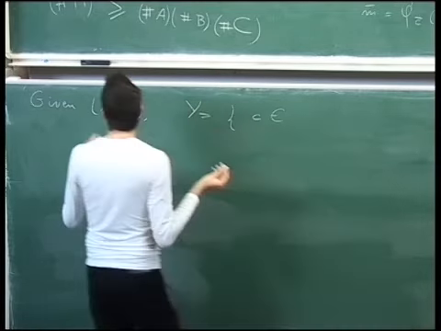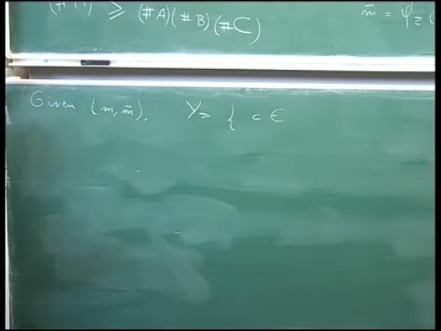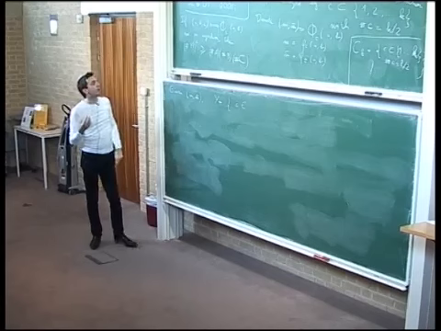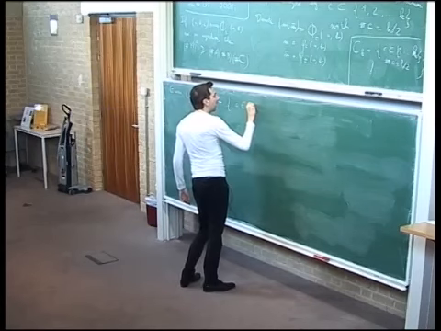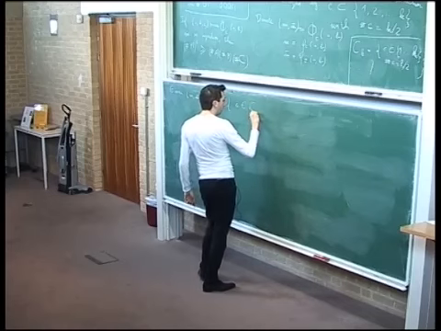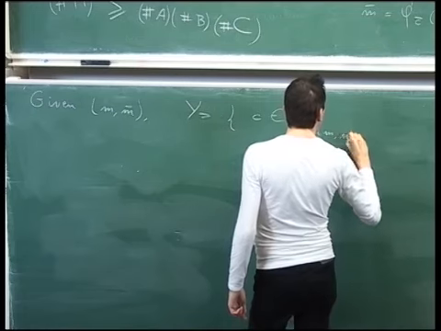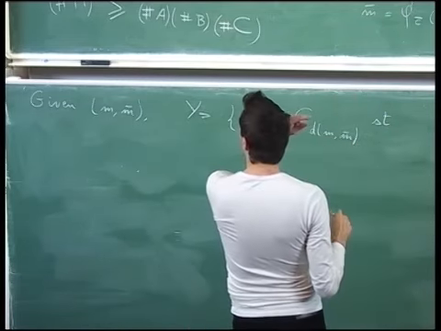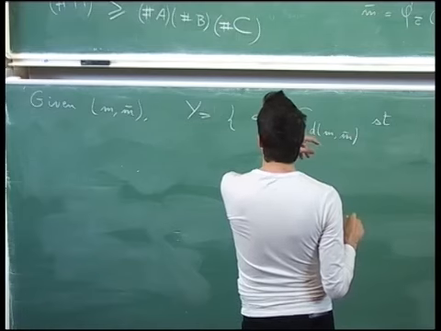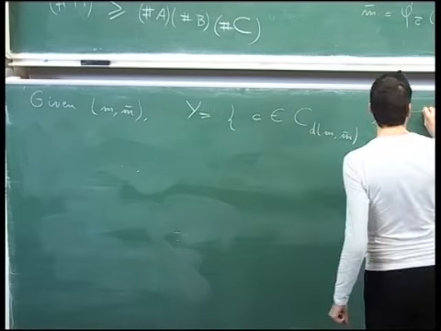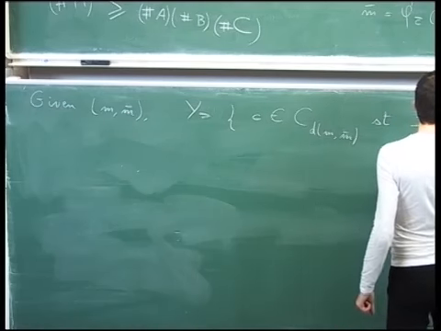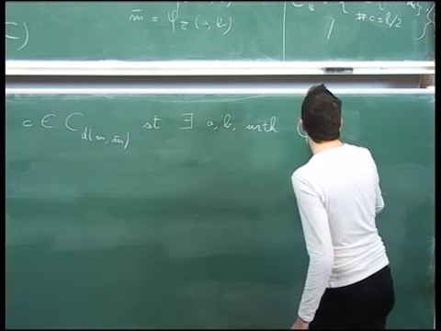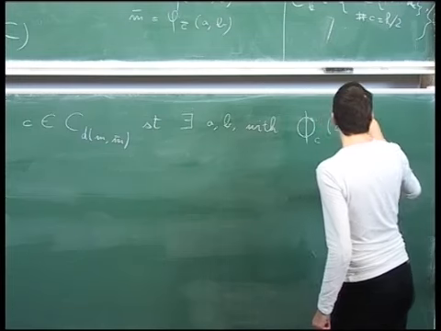If you know M and M bar, the distance between M and M bar is the same as the distance between A and B. So you know C lies in capital C sub the distance between M and M bar, such that there exists A and B with capital phi sub C of A and B equal M bar.